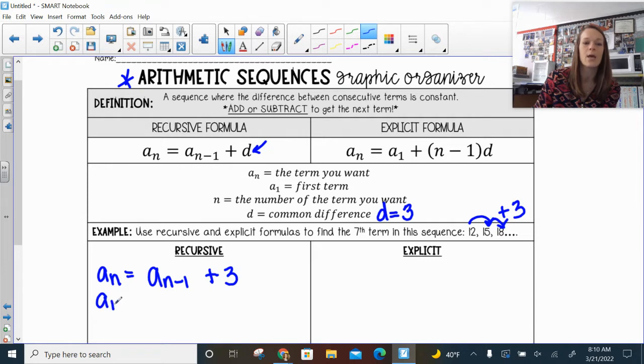And when I say a1, it tells you right here, a1 is your first term. Okay, so when you're doing a recursive formula, you always have to tell me what your first term is, which is 12. And that's all you would do as far as a recursive formula.